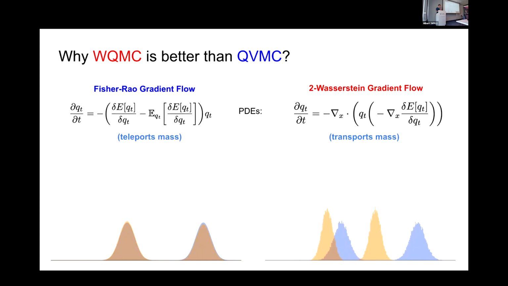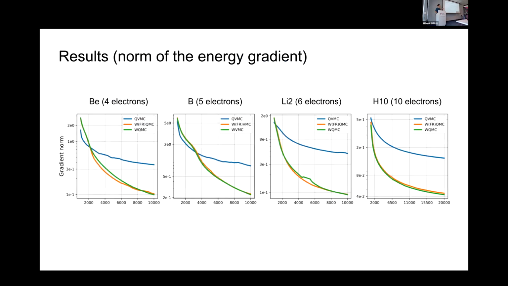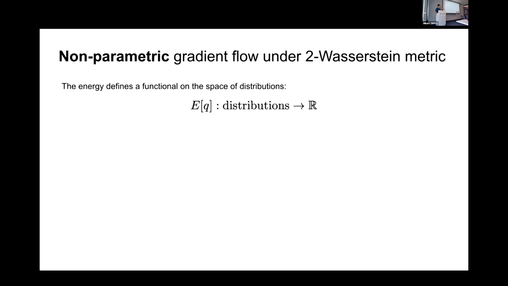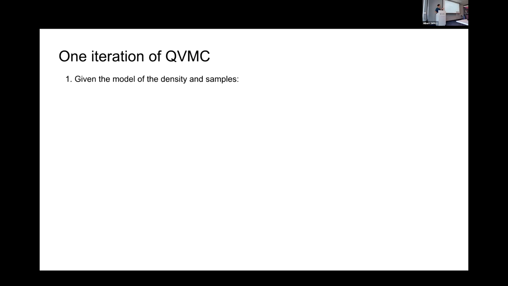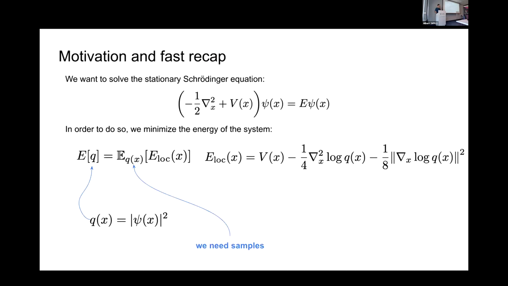Right. Sorry, let me be more specific. In this whole work, it seemed to me that you were trying to get the ground state energy for chemical systems. That's the problem. Yes. We want to solve the stationary Schrödinger equation, and we solve it by minimizing the energy.